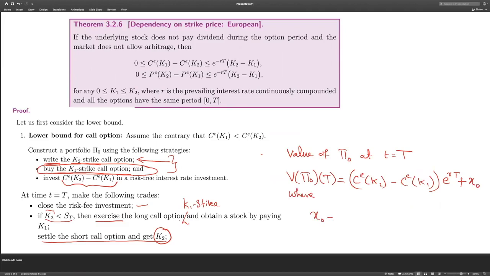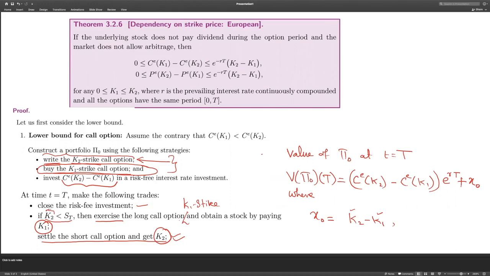You have paid K1 rupees and got a stock, came to the K2 buyer, gave that stock and got K2. You sold and got K2, and you paid K1 to buy the stock. Therefore, the net amount you will have in hand is K2 minus K1. That happens when your counterpart buyer in the K2 strike comes to exercise the K2 strike call option.